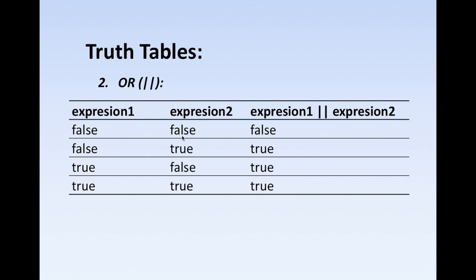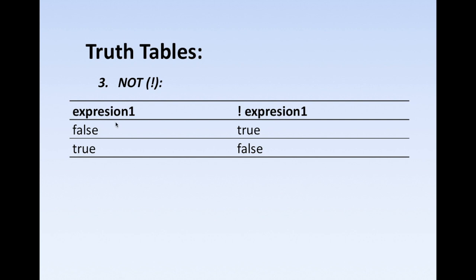If both are true, then definitely also true. So the or operator, logical operator, would give me always true, except if both of them are false. That's the opposite of the and. Not expression 1: not false is true and not true is false.